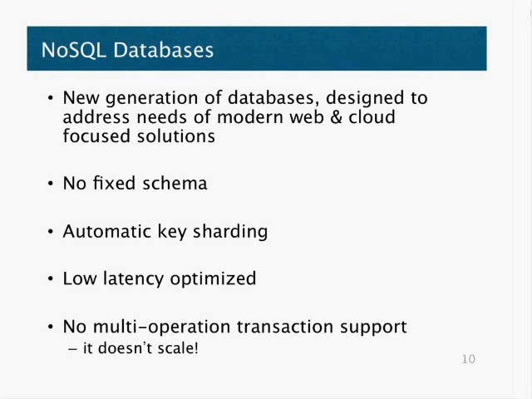Another common trait is that you don't have these multi-operation transactions I was talking about, because once you start introducing that and different parts of the transaction might operate on data on different nodes, you end up with very complex locking problems that, for one thing, introduce a lot of contention, which is exactly what you're trying to avoid, and also in a general distributed environment cause all kinds of other issues if you have to be able to cope and deal with nodes failing.